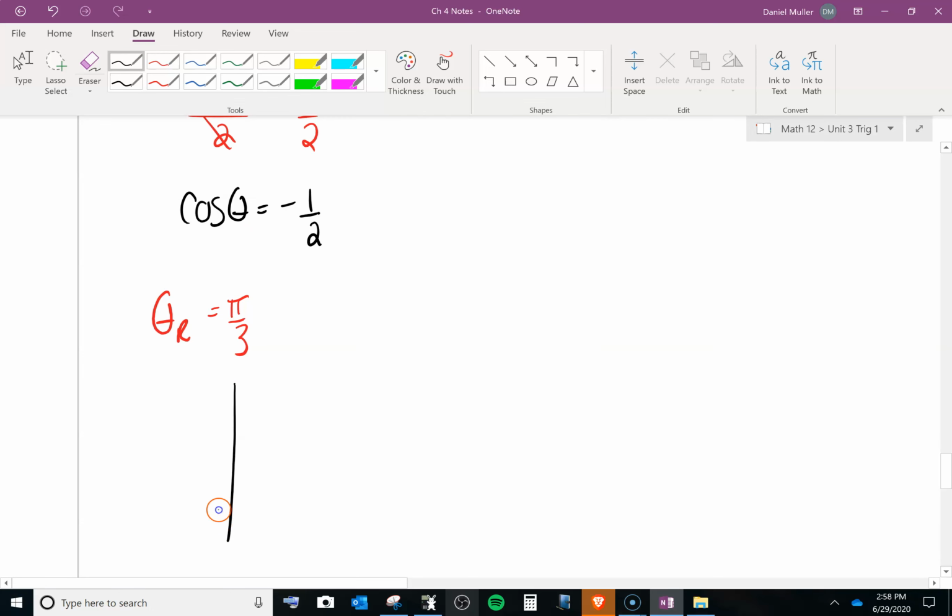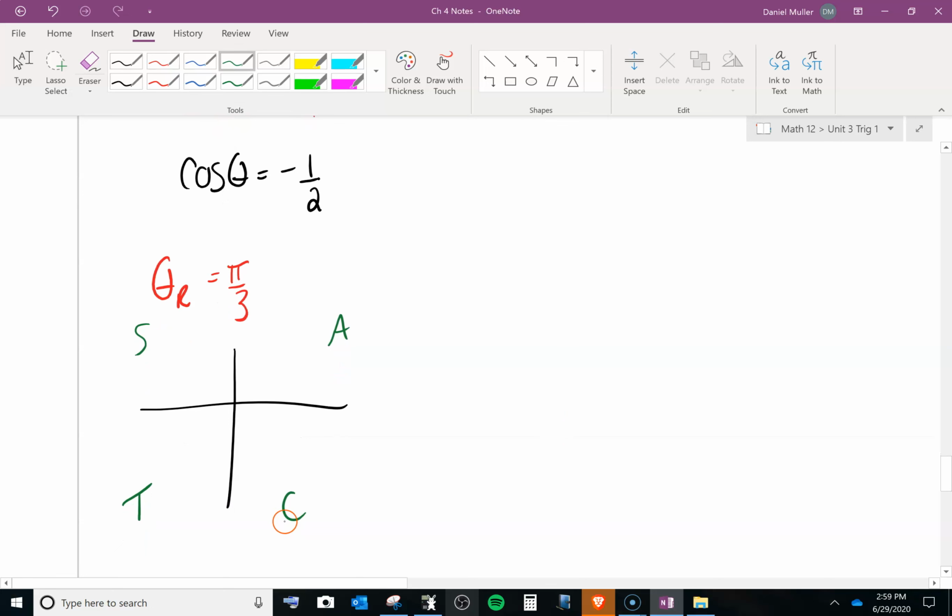If I'm graphing this, I know if I put a cosine of pi over 3 here, I'll get a half. But I know that there's 2 times that I get a positive half and 2 times that I get a negative. So I'm going to take a look at C-A-S-T. Now cosine is negative in a couple quadrants. It's positive in the C quadrant. A means they're all positive, so it's not there.